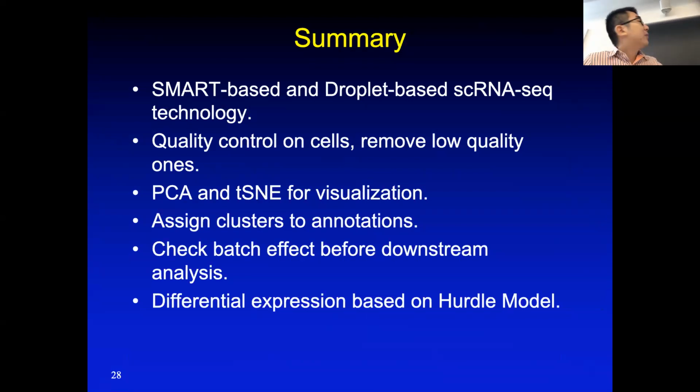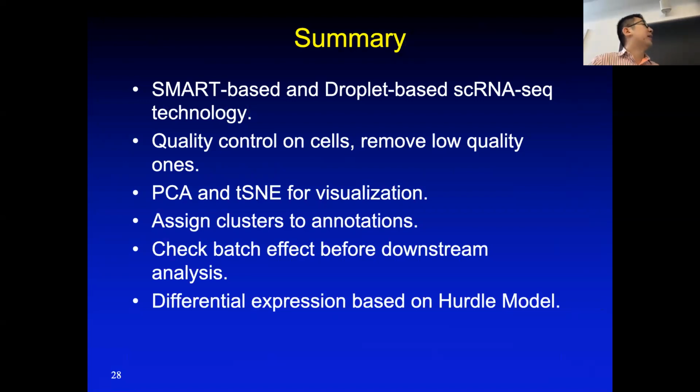Also, anytime you want to analyze your single-cell RNA-seq data, you need to remove the low quality and outlier cells first. After that, you can perform downstream analysis and use PCA and t-SNE for visualization, and also use canonical clustering methods to separate the cells into different clusters.